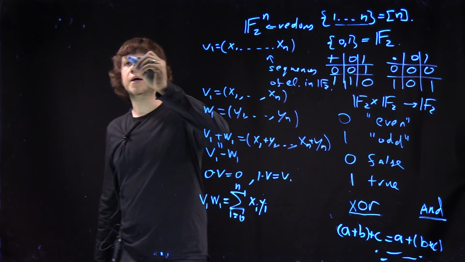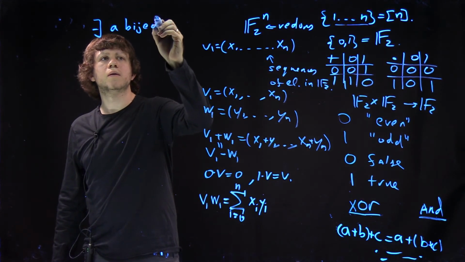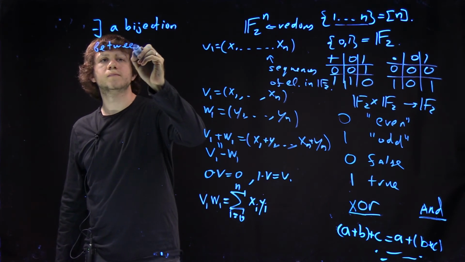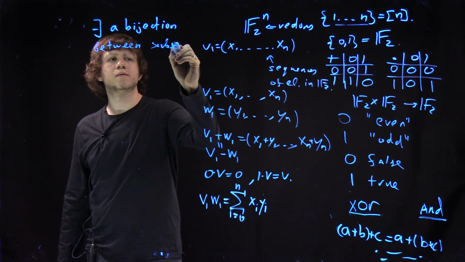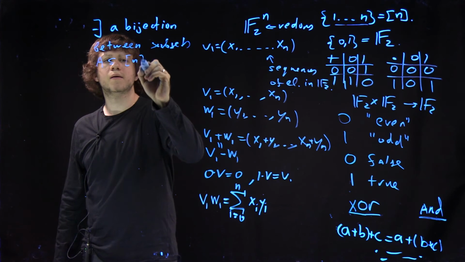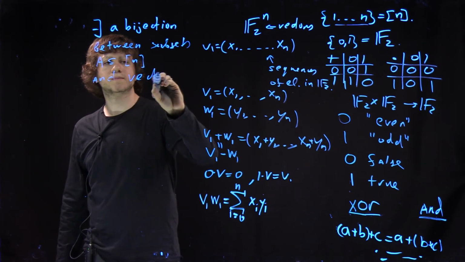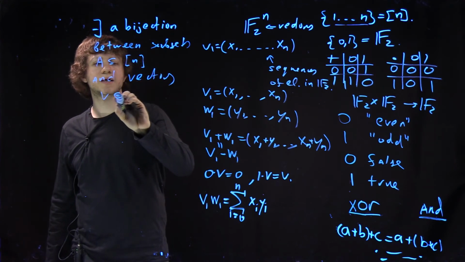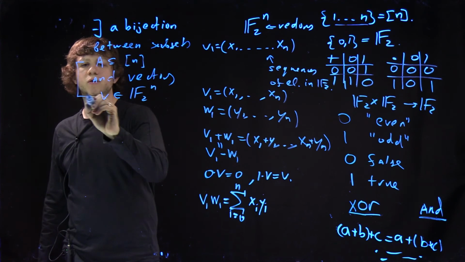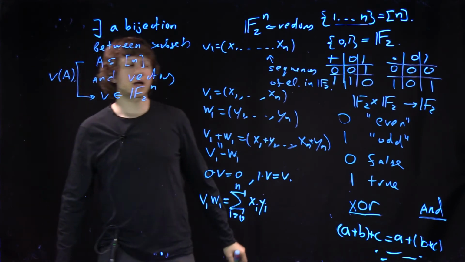So firstly, I remind you that there exists a bijection between subsets A inside N and vectors V inside F2 to the power n. So I need some name for this bijection. Let me call it vector of A. Okay.